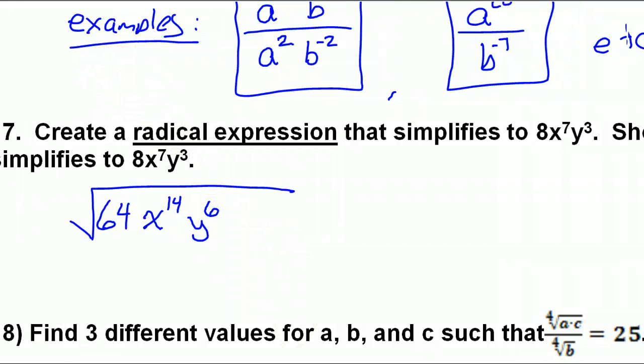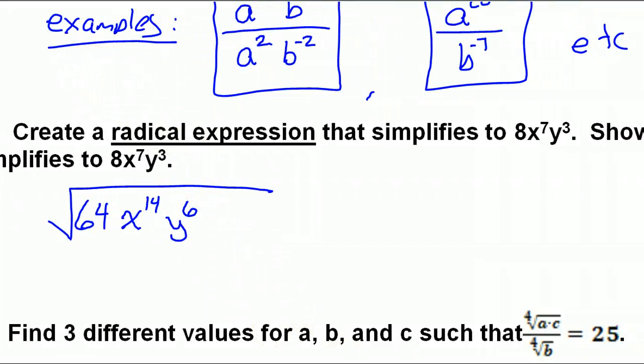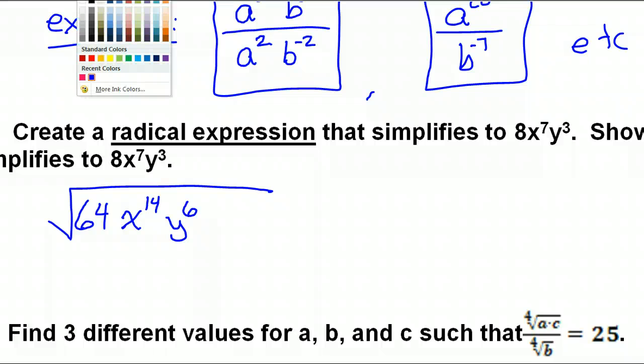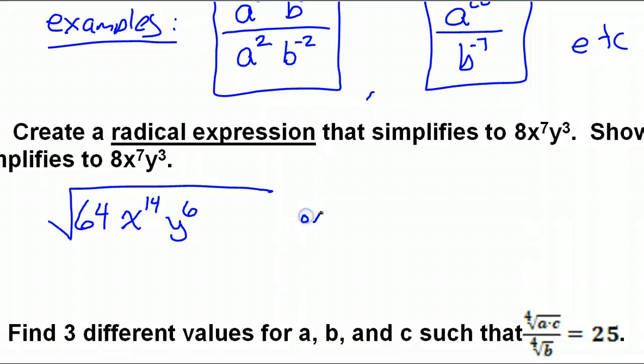But you know what? Let me do one more with a cube root. Again, there are many examples, but if I wanted to do a cube root expression, really just working backwards, what is 8 to the 3rd power?